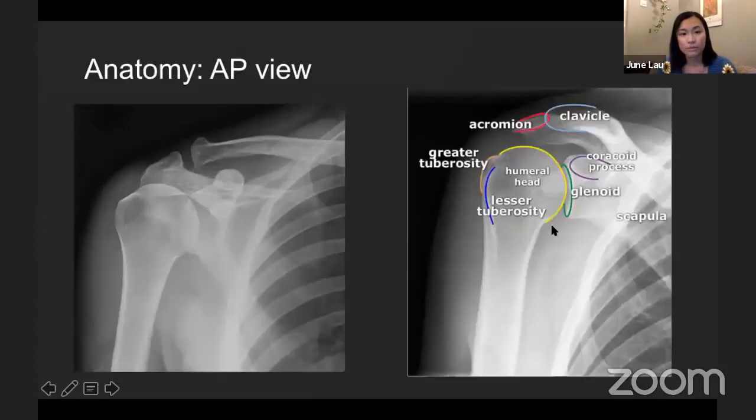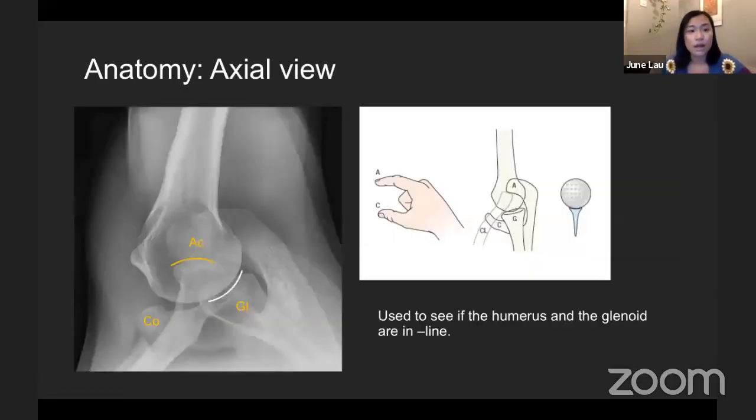Right, so really basic anatomy. You've got your humeral head, your glenoid, your acromion, clavicle, and then don't forget you've got a coracoid process as well. This little nubbin here that points forward in your joint. I used to find this view very challenging because I didn't know what I was looking at until I saw this.